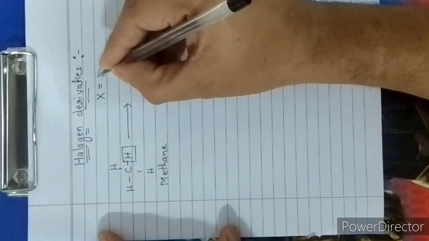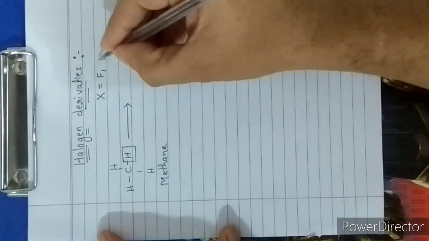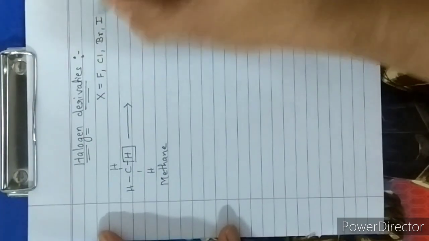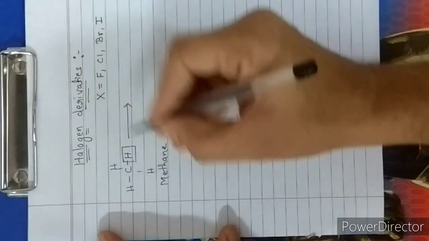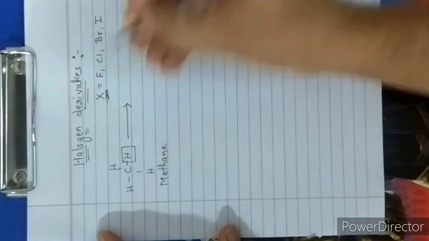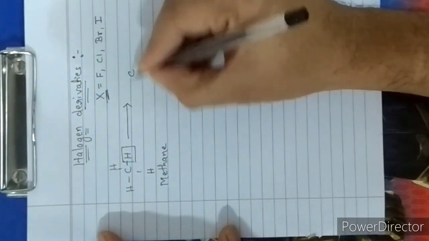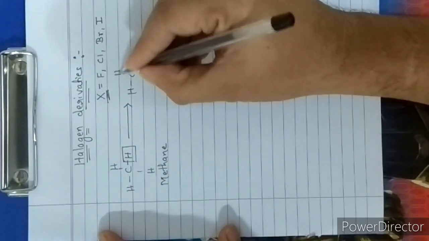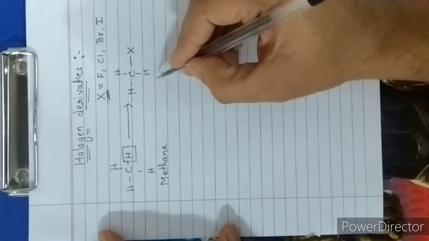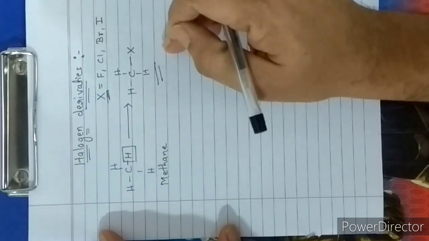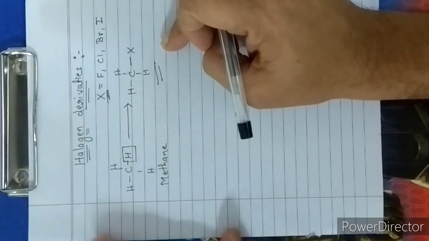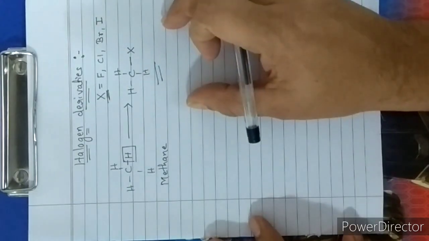And here, halogen can be fluorine, chlorine, bromine, and iodine. So, if I replace this hydrogen by halogen, it will become CH3X. So this compound of halogen is called a halogen derivative. Clear? I hope you understand.